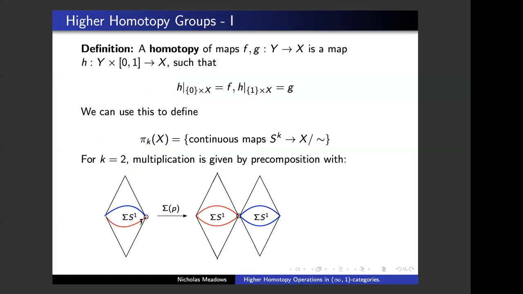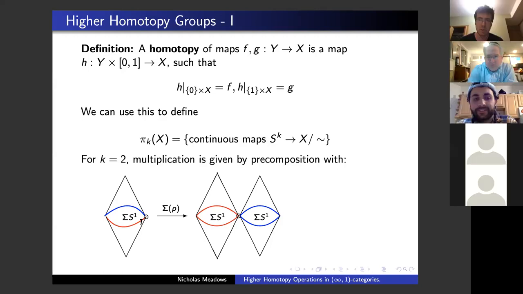We can use this to define the higher homotopy groups pi k of X as continuous maps from S^k to X modulo the relation of homotopy equivalence. For k equals 2, multiplication is given by precomposition with the suspension of the pinch map. And we can think of the suspension as: we glue two cones over the space together to get the suspension of the space.